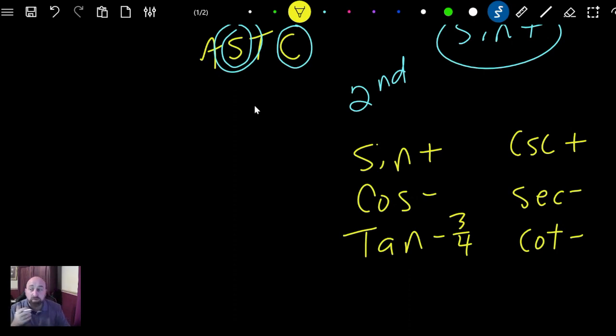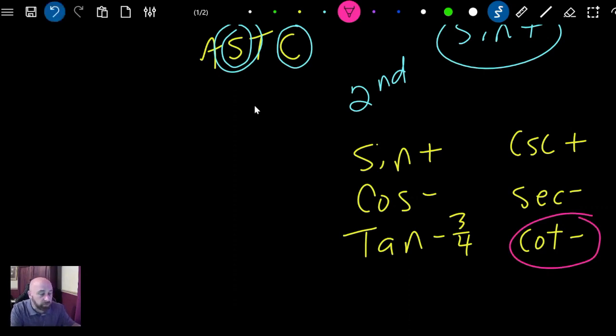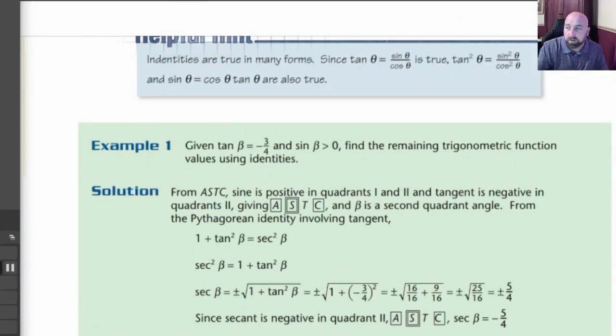Now, here's where you're not going to understand. Right now you're thinking, oh, I can just go ahead and fill in cotangent, no problem, because I know it's 4 over 3. And you're right, you're not wrong. But what the problem is asking for, let's jump back over there real quick and look at it.